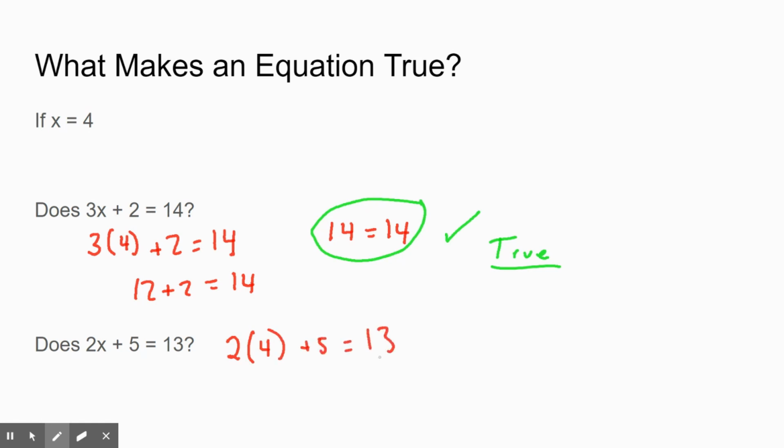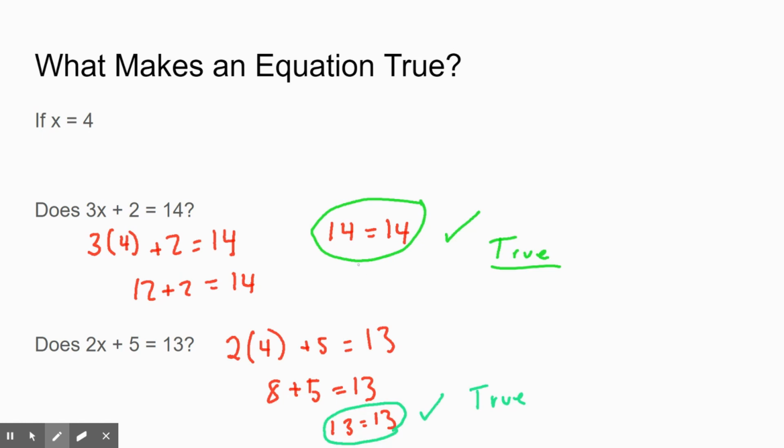Rewrite the rest of our expression. 2 times 4 is 8, plus 5 is 13. 8 plus 5, 13, is equal to 13. So we know that this one is true as well. So both of these equations are in fact true. Fun fact, I actually meant to make that second one a false one.